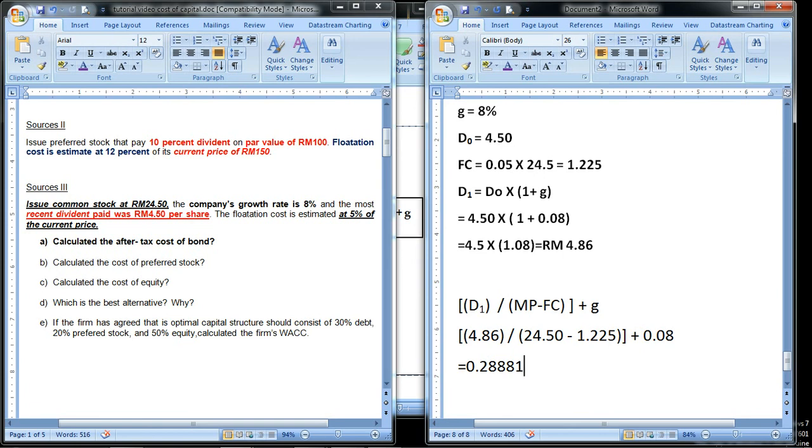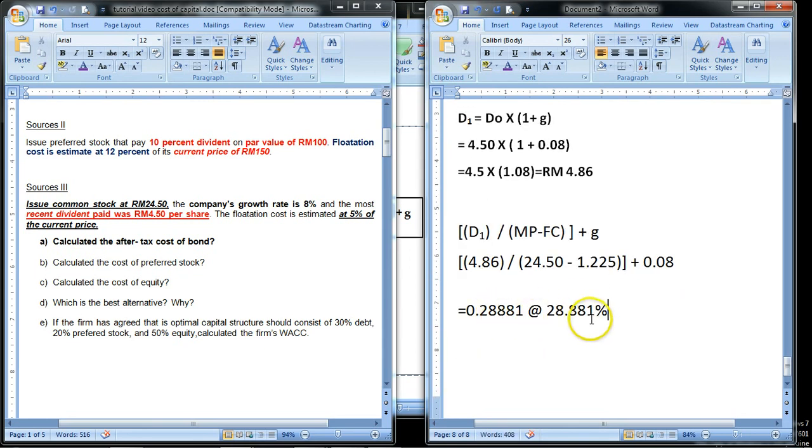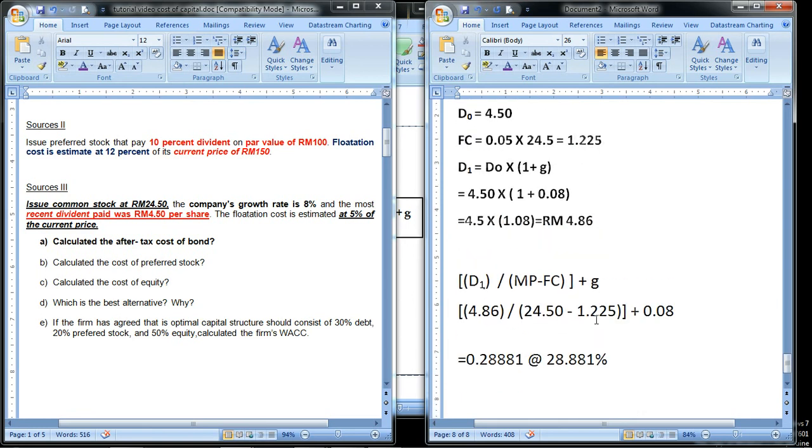Clear? Is it correct, class? Remember, I told you, you must provide both decimal and percentage. So this is the cost of common stock. Clear?